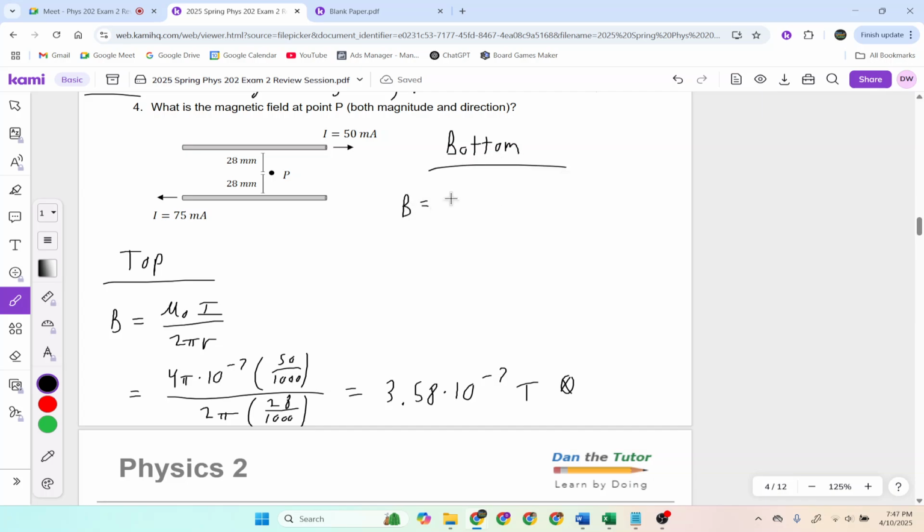Magnetic field B equals 4 pi times 10 to the minus 7th times, this time it's 75 over 1,000 for the current on the bottom, divided by 2 pi r, and it's the same distance, 28 over 1,000. Pretty straightforward. Plug this in a calculator, and I'll get 3.58 times 10 to the minus 7. But which way will this magnetic field point?